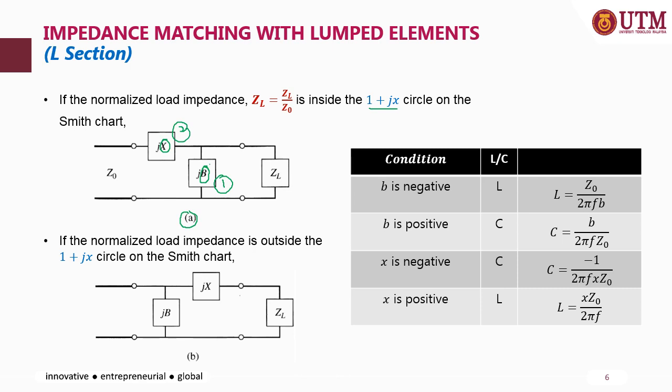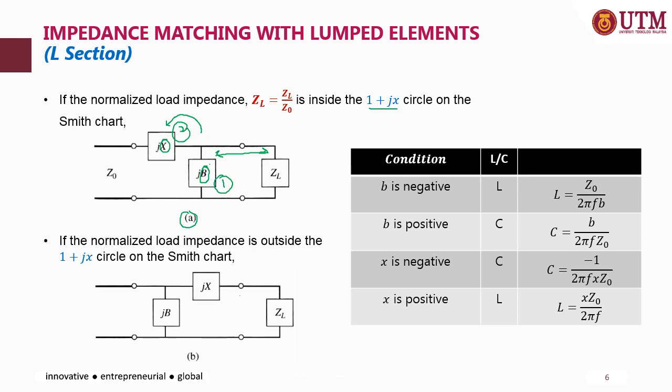Since the first component is in parallel to the load, we'll be considering the admittance or the Y chart. Next we need to convert it into the Z chart, the impedance chart, so that we can get the X.